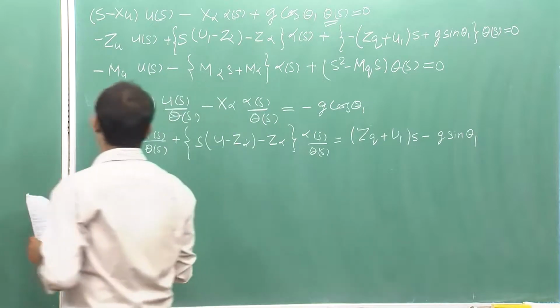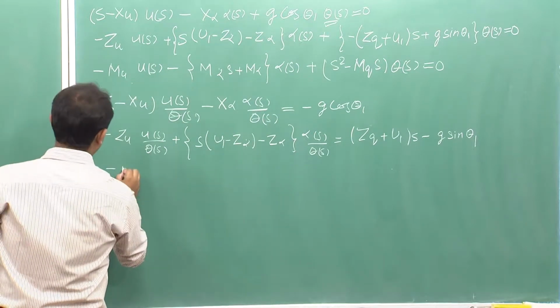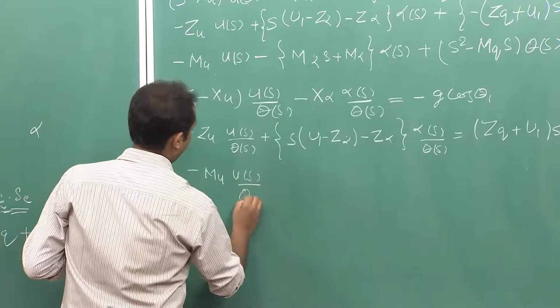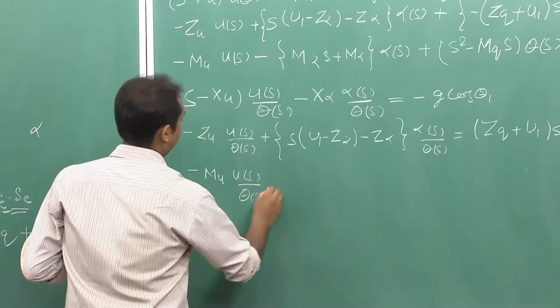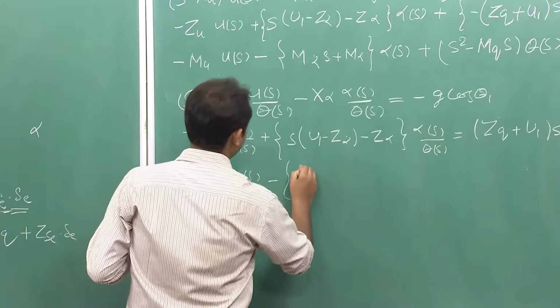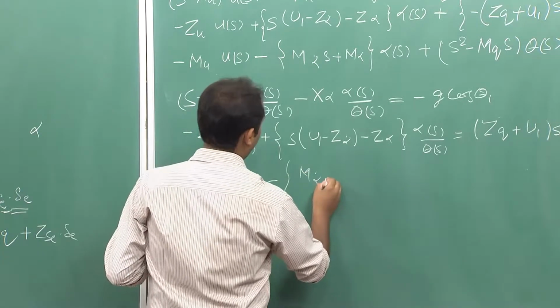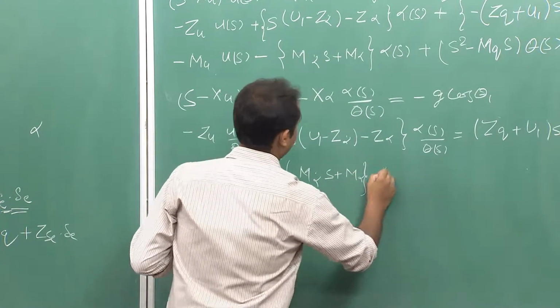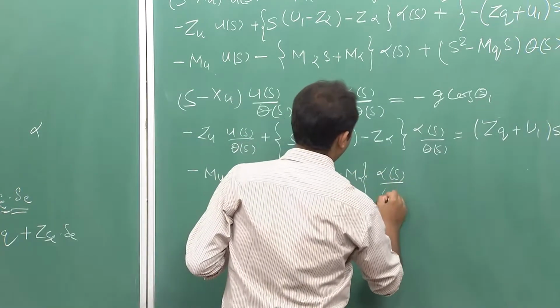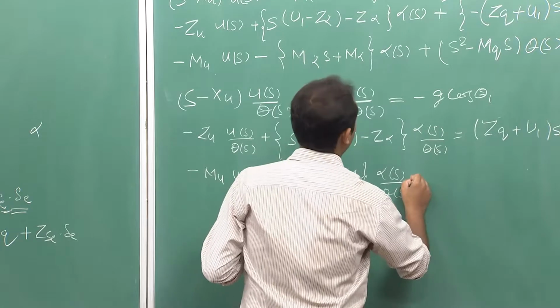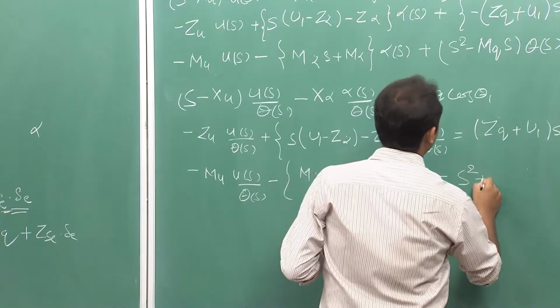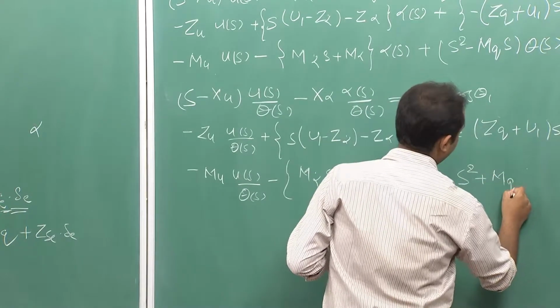And the third equation will be minus m u into u of s upon theta of s minus m alpha dot s plus m alpha into alpha of s by theta of s equals minus s square plus m q s.